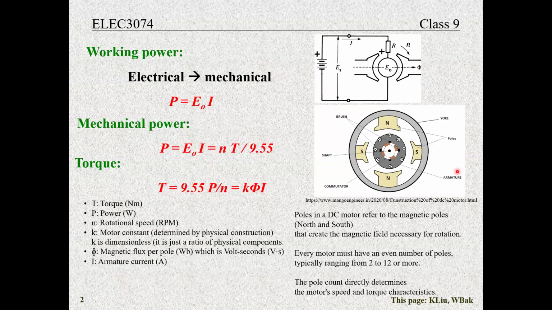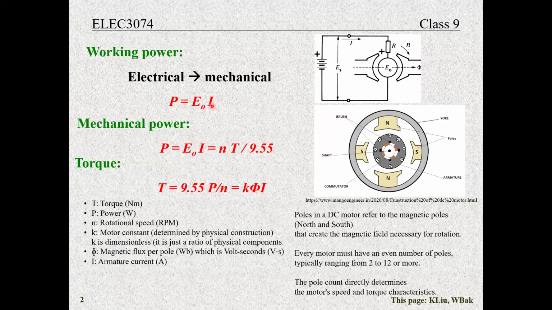Working power for the electrical machines DC motor. The motor converts the power from electrical to mechanical. And the mechanical power will be the output voltage, which is the armature voltage right there, times the current.